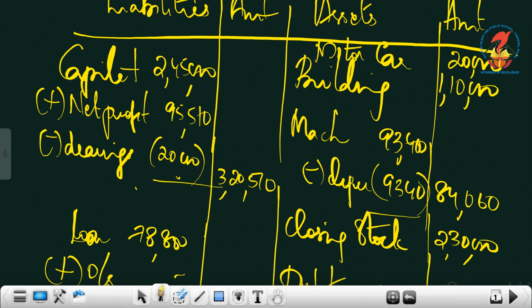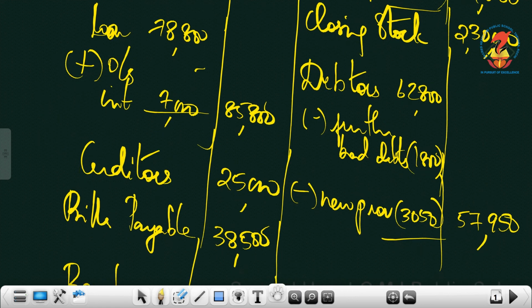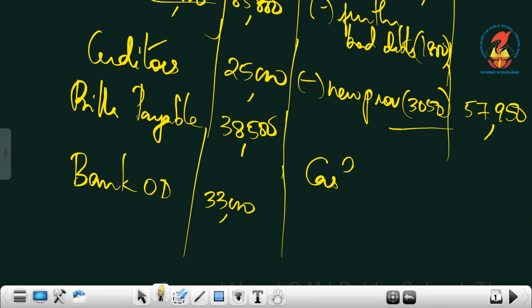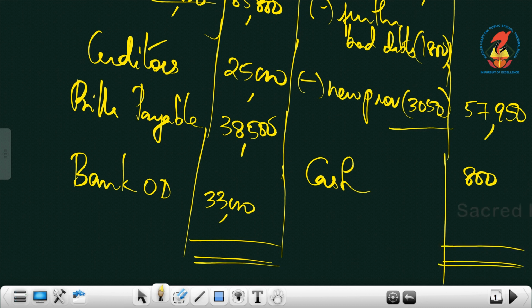Then provision we considered, car expenses, cash is there. Okay, cash of 800, which is a current asset, which we have to write. Okay, so now almost, yes, we finished all current assets. Just go through adjustments. Closing stock we recorded, bad debts we recorded, depreciation we recorded. Yes, so now the balance sheet is over. Just add and see whether this balance sheet tallies.